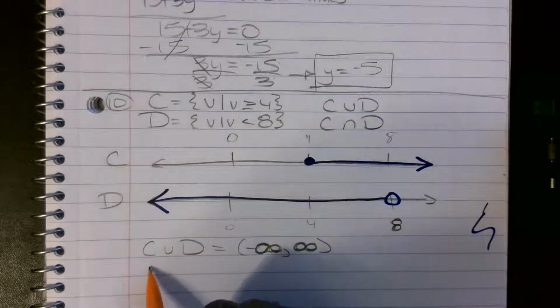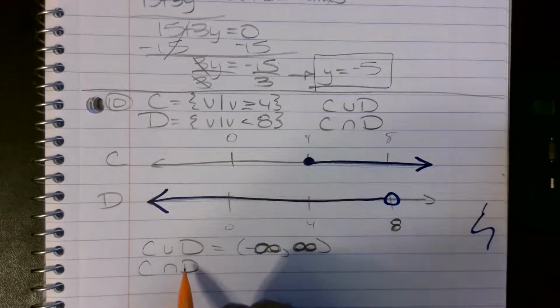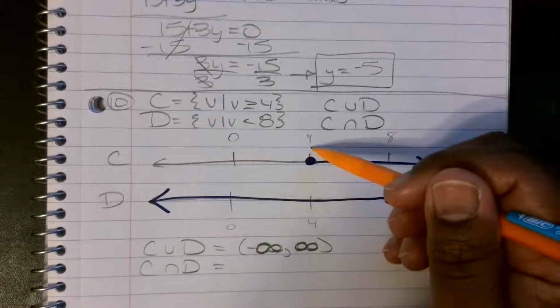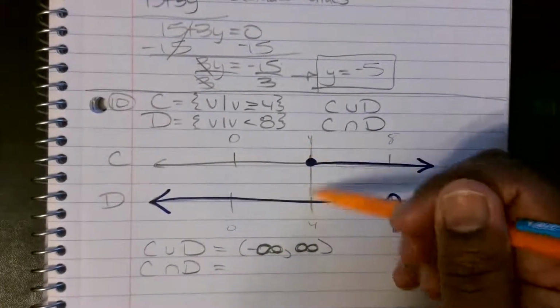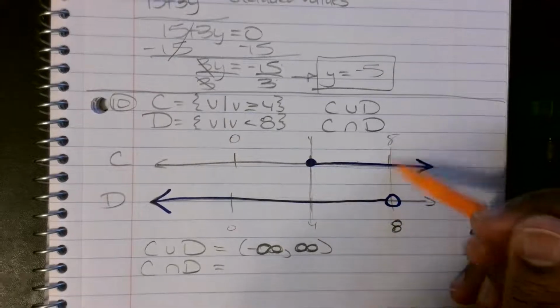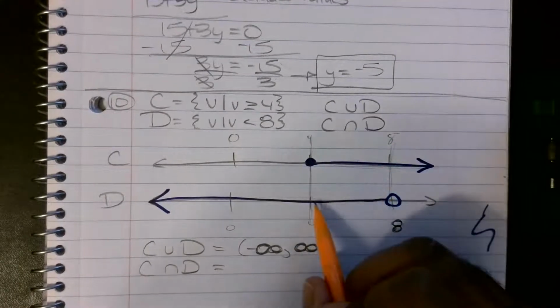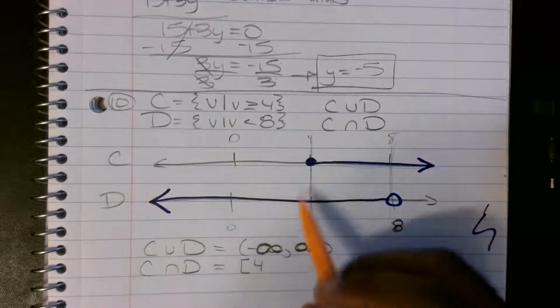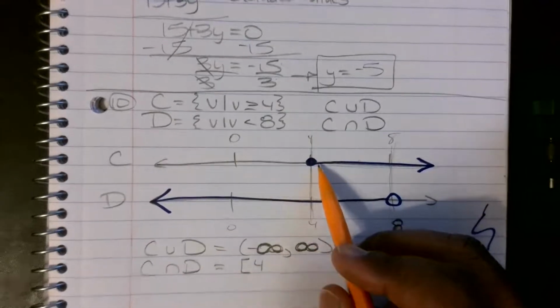The intersection is where they overlap, from here to here. All right. So the leftmost value that's on both of them is 4. I put a bracket because it includes 4.